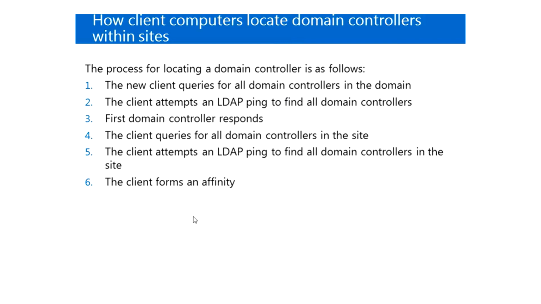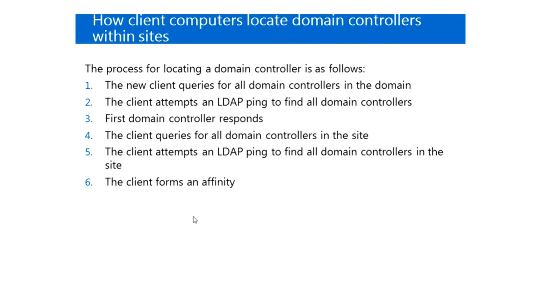Based on that, it tries to reach all those DNS servers within the sites or the network, and the client computer attempts an LDAP ping to find all the domain controllers. So it tries to contact or ping the domain controller over LDAP, whichever is available.